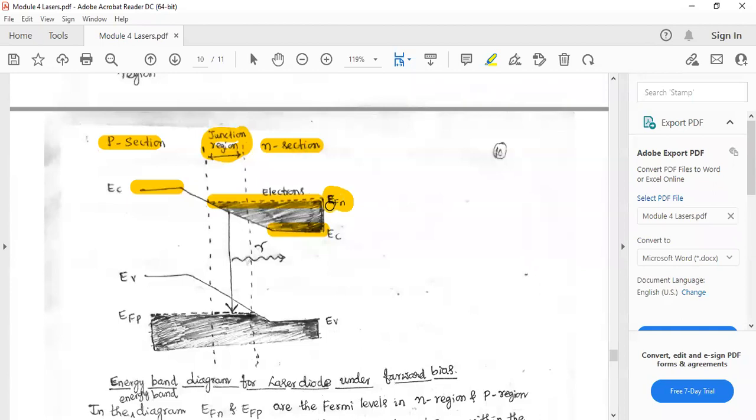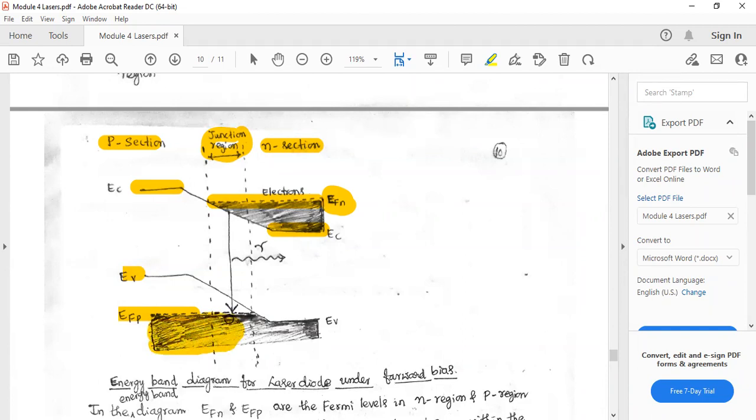You can see EFN represents the Fermi level in the n-type section, whereas in the p section, the Fermi level lies very near to the valence band. Therefore electrons are highly populated in the conduction band of the n section, whereas there is no electron even in the valence band of the p-type material.